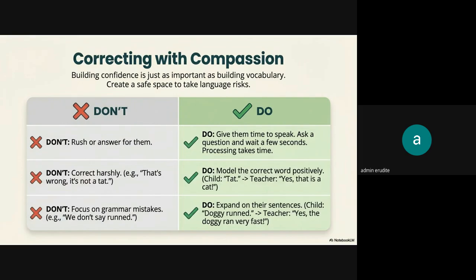So what I was trying to say is we need to model the correct way. Don't focus on grammar, expand on the sentences. Instead of telling them you must say, may I have juice, just say, can I have juice? Can I please get the toy? It doesn't always need to be the correct way.